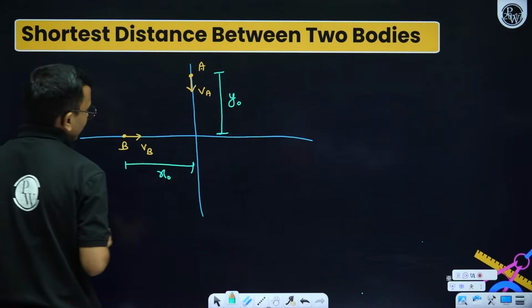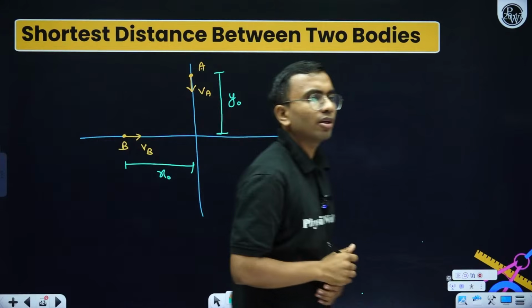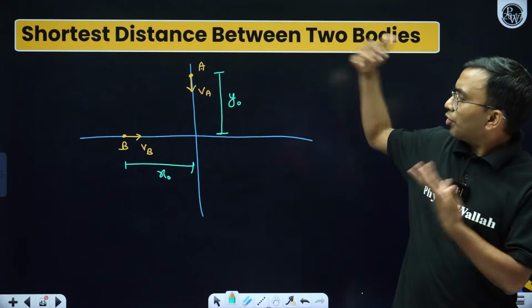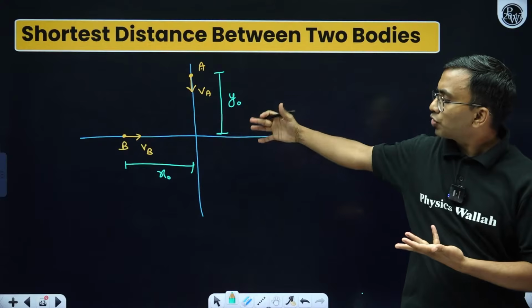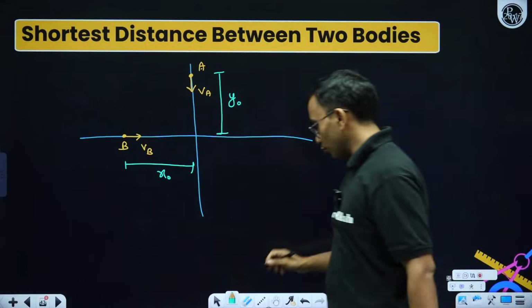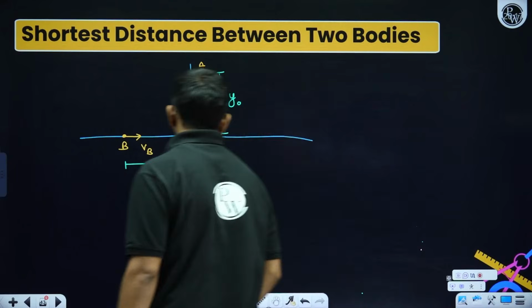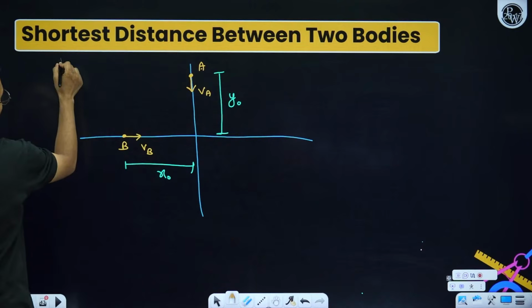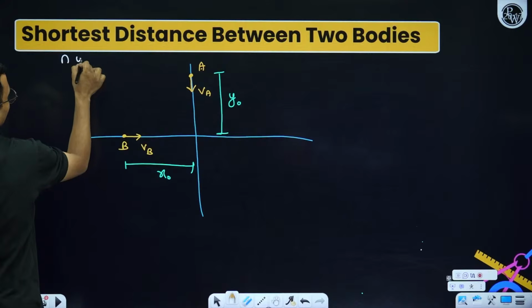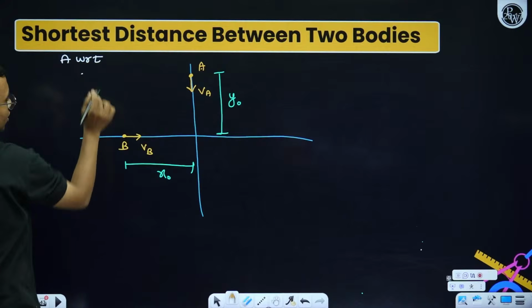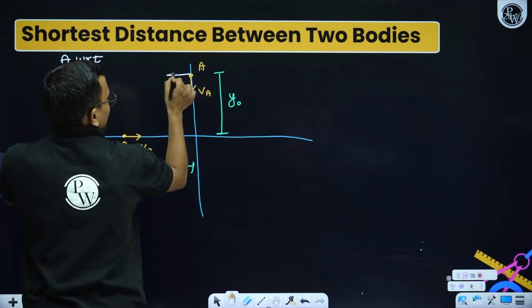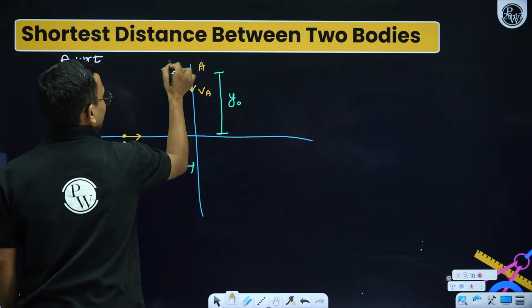You need to find the shortest distance between them, when they move, and at what instant of time that shortest distance will occur. Those types of questions. So, what you need to do is observe one particle with respect to the other. Let us observe A with respect to B. A with respect to B means velocity of A minus velocity of B. This is minus velocity of B.